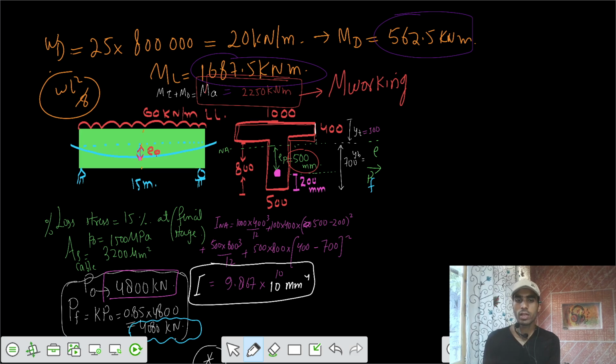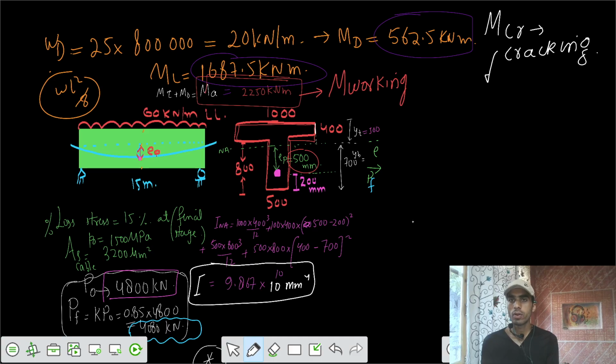Now I need to calculate that critical moment, which we call the cracking moment. I have to calculate at what critical value of moment your stress in the tensile zone is equal to fcr. So I have to calculate that critical moment, or cracking moment, at which your tensile stress in the concrete reaches the final value of 0.7 root fck.